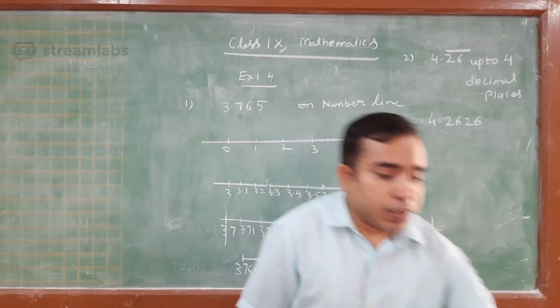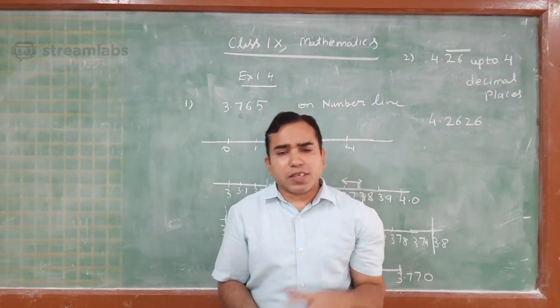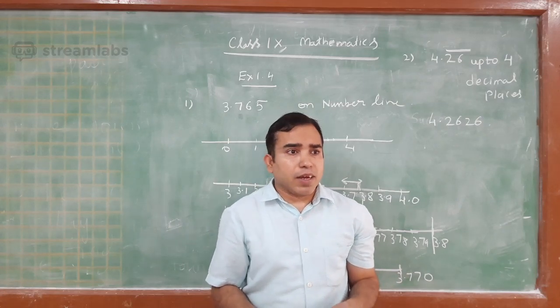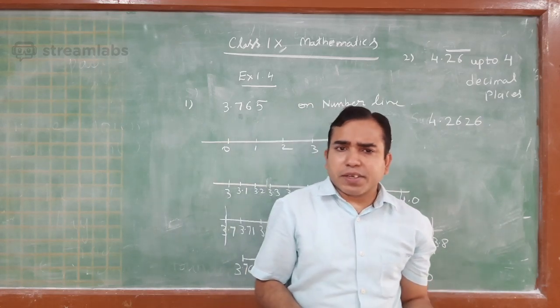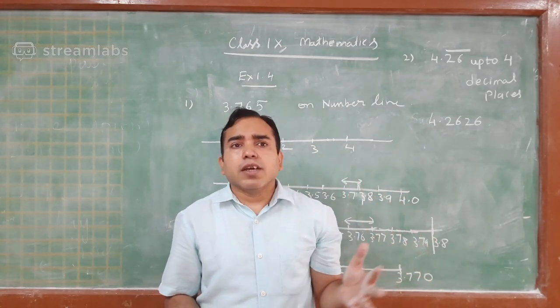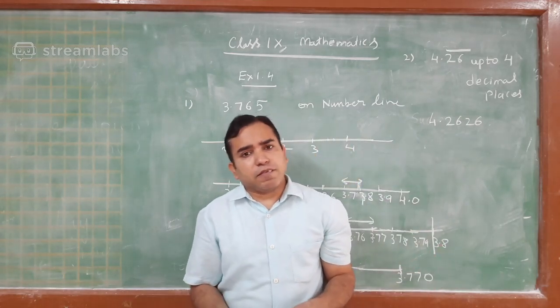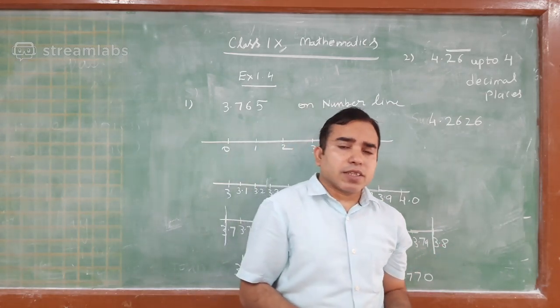Students, I'm very sure that this was quite easy work. You might be thinking it was not even needed to discuss because many questions are similar, but for revision's sake, if some people may have doubts, we have discussed these questions.